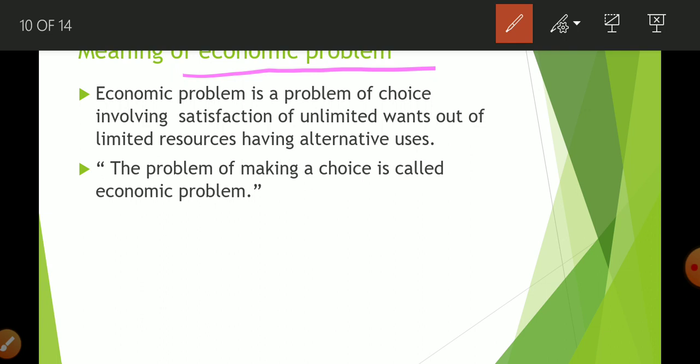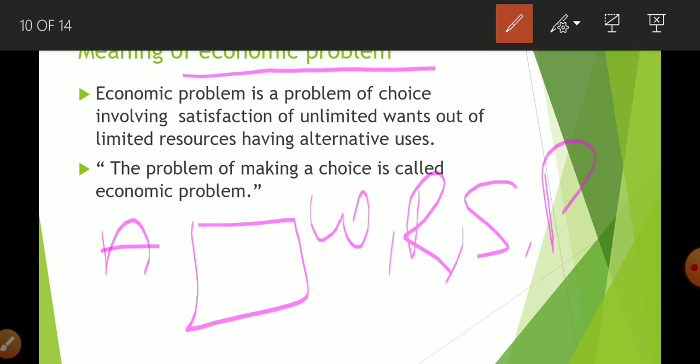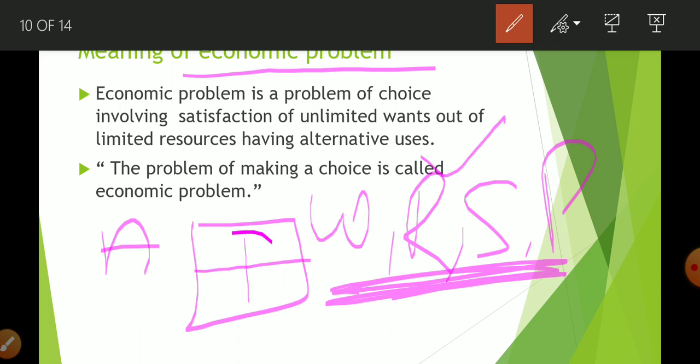Take the example of land. If a person A has 1 hectare of land, he can produce wheat, rice, sugar cane, or pulses. He can make many uses of it, but he has to decide on any one, because it is not possible to produce everything at one time on this land. Take one more example.